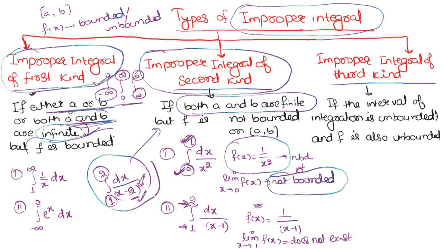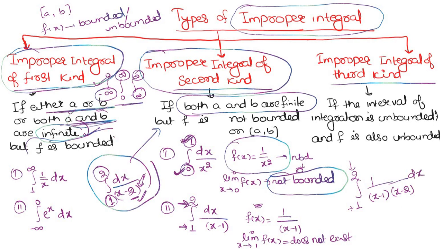One can also make the function unbounded at both of the integration limit points. So we can construct it like 1 to 2. If we want the function to be unbounded at the point 1, we can take x minus 1, and if we also want the function to be unbounded at 2, just multiply it with x minus 2.